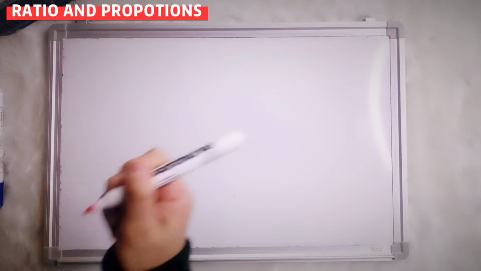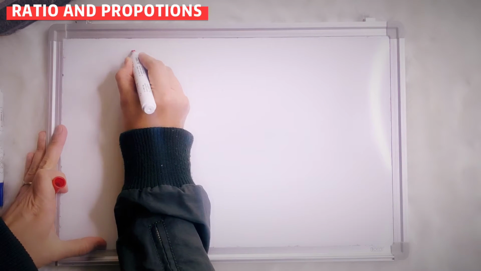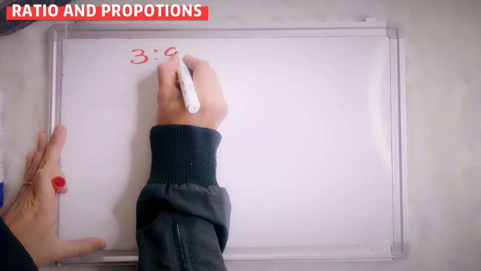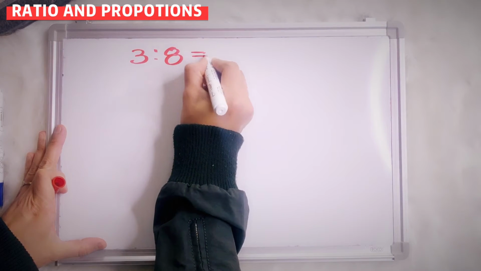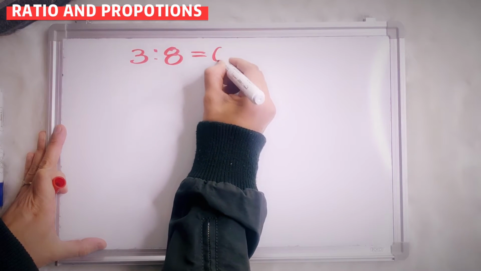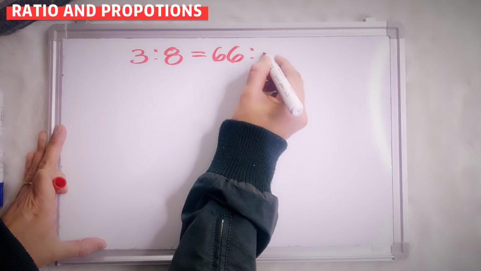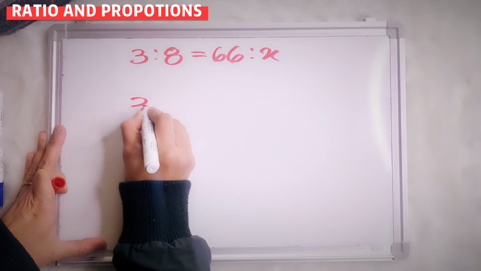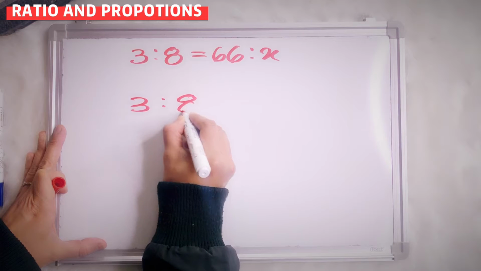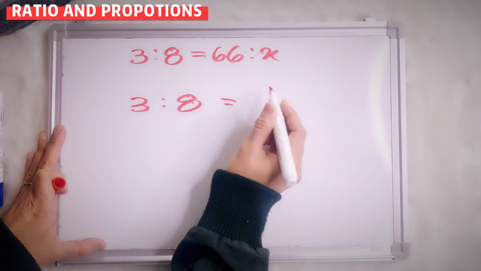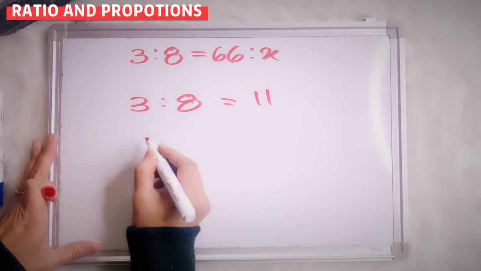Okay. So, if I put here 3, 8 equals with 66, x. Same thing also, 3 and 8. So 3 plus 8, you will have 11 here.